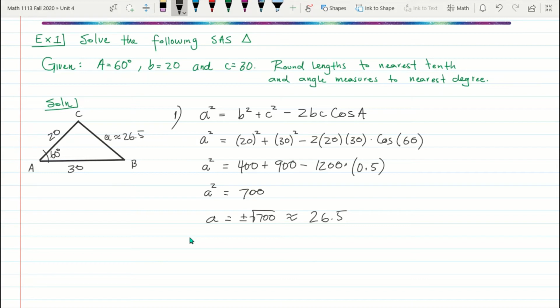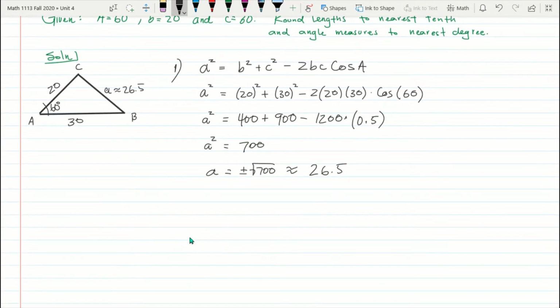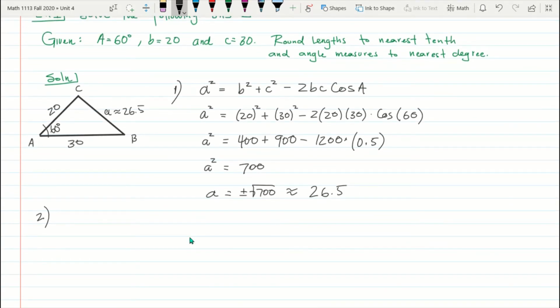So once I have that, all I have to do is continue with step 2, which is going to be using the law of sines to figure out one of the other angles, right? So we know a, so we're going to do that. a over sine of a is equal to b over sine of b, right?